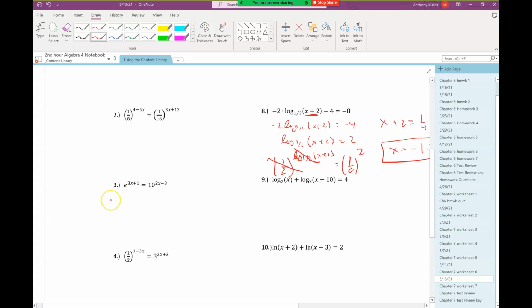For the sake of argument, I'm going to do the natural log, because it's one less letter to write, basically, is my justification there. So far, so good. I'm going to then use the power property, which allows me to take that exponent and move it to a coefficient.